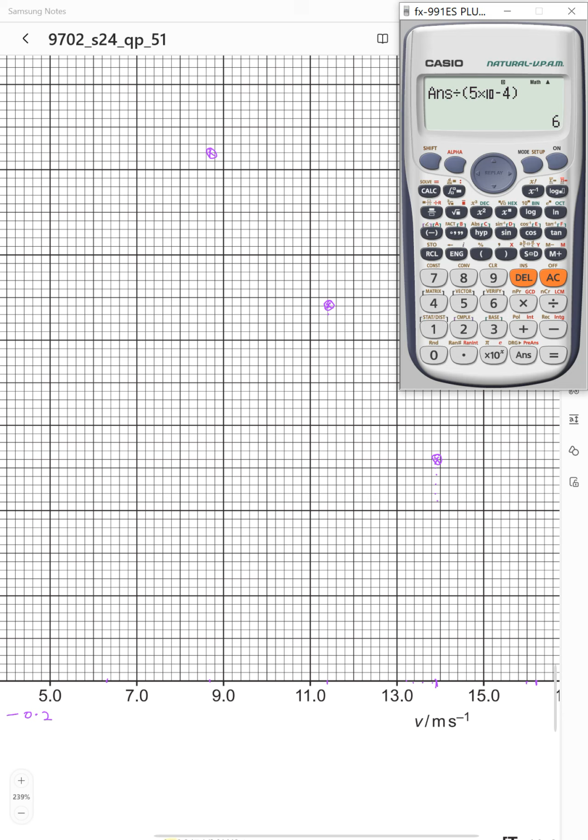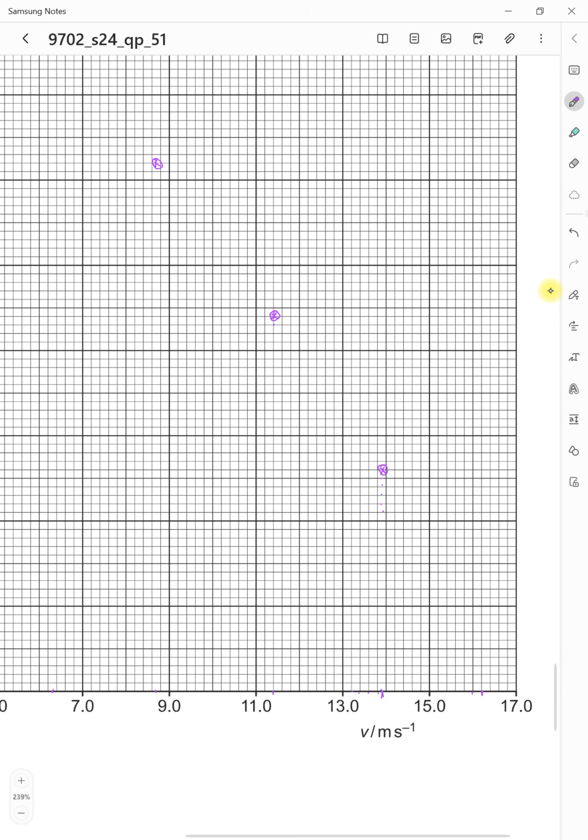I'll use my calculator to see how many boxes: 1.074 minus 1.07 divided by the scale, which is 5 exponent minus 4. So I'm going to add 8 boxes. So 8 boxes: 1, 2, 3, 4, 5, 6, 7, 8. So this is going to be the point.